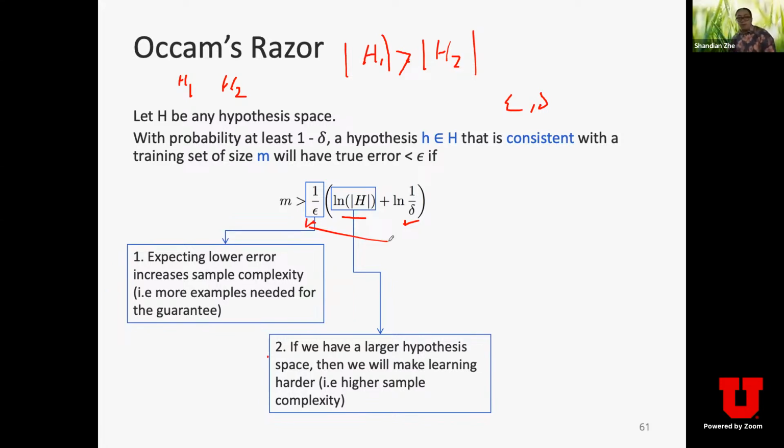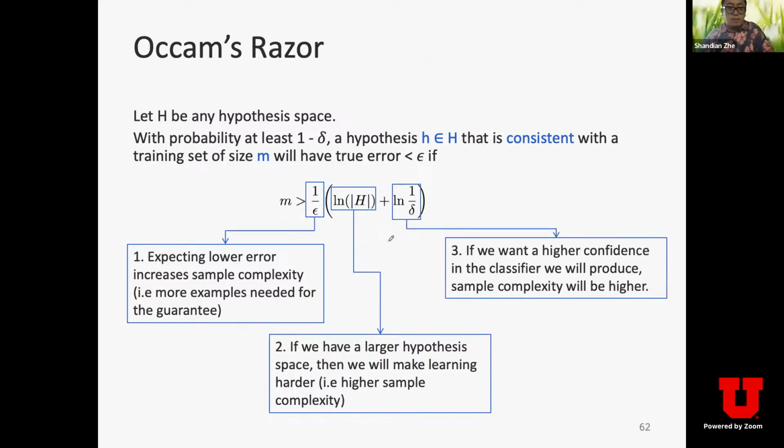Okay. Yeah, the last one is about the confidence level or probability level, right? So you can see that the smaller the delta you have, the larger the sample complexity bound. The smaller delta means you want the probability that you find a good hypothesis with small training error to be as high as possible.